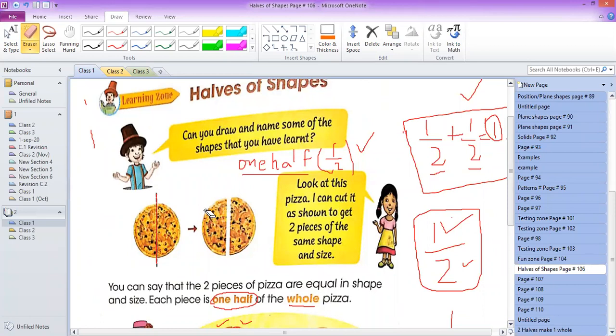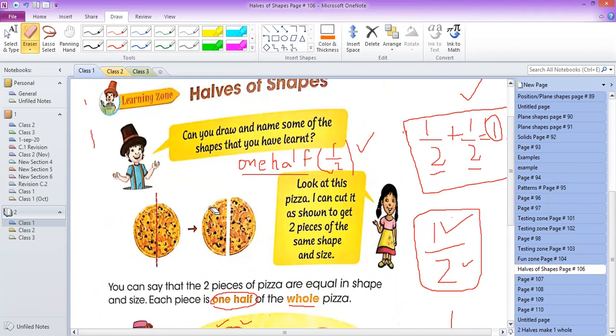One half of the pizza you are eating and the other half is going to be eaten by your cousin, your mother, your sister, your brother, or your friend, anyone. If you eat only one part out of two parts, that means you are eating one half.